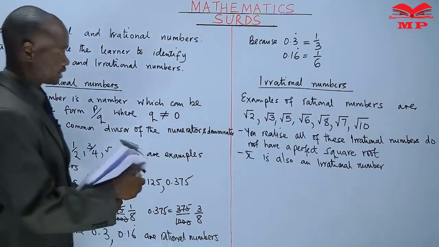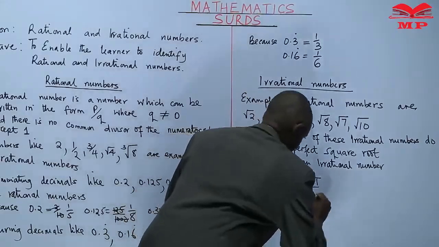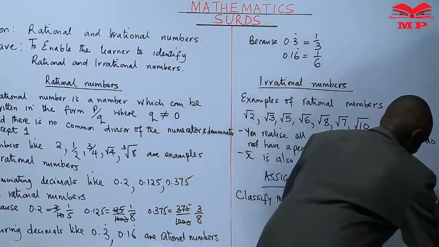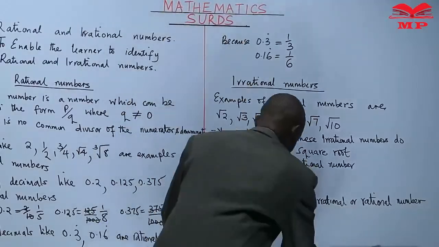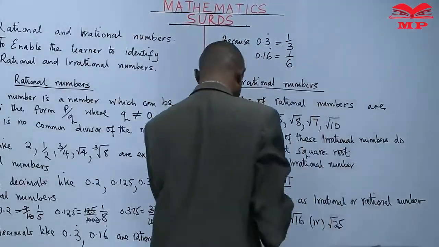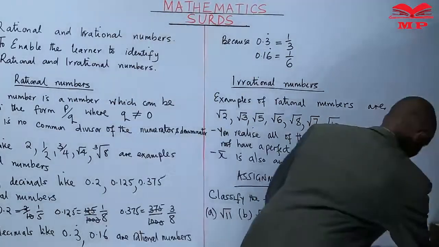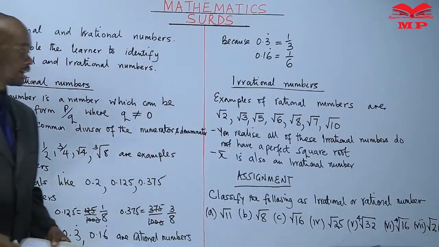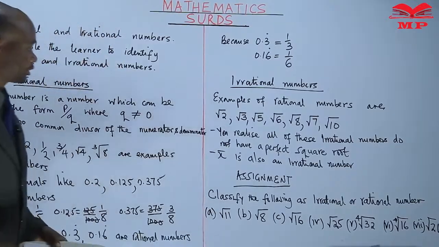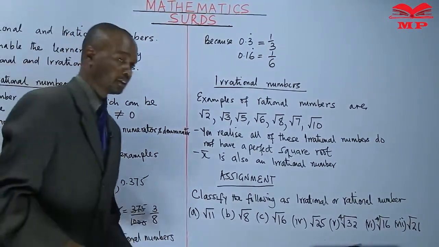So learner, in the assignment, you'll classify the following as irrational or rational number.